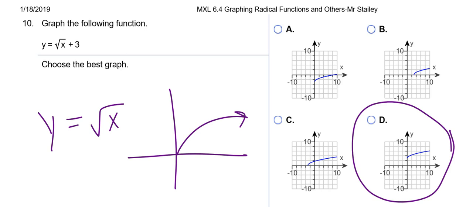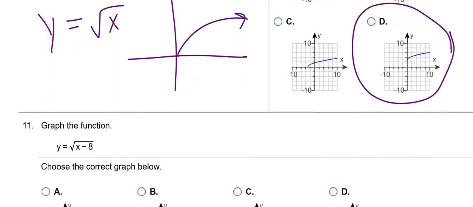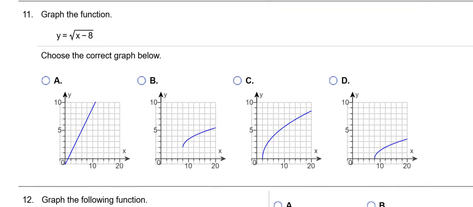So you need to be able to look at these graphs and say, oh, is it moving left? Is it moving right? Is it moving up? Is it moving down? What do you think that's doing? This time it's inside the radical, not outside. I've got 1 vote behind me for to the right 8. Is that true or not true?